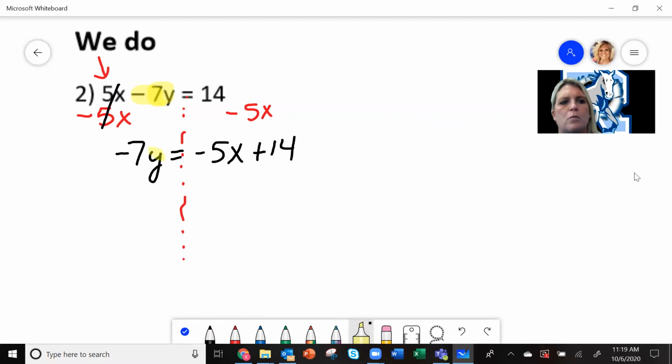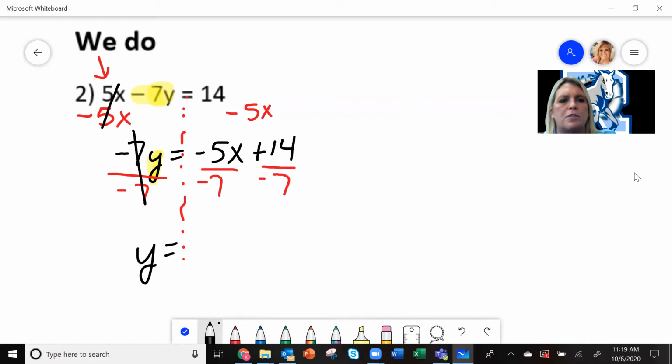I'm still trying to get the y by itself. I have negative 7 times y, so I'm going to divide everything by negative 7. These cancel and I get y equals 5/7 x, because negative 5 divided by negative 7 is a positive 5/7, and then minus 2.